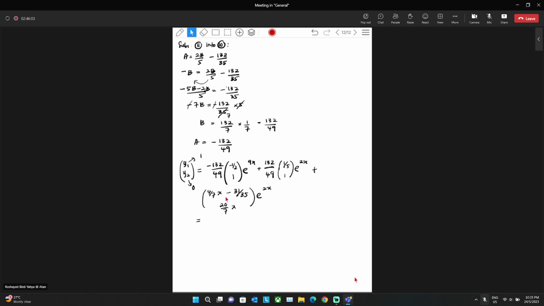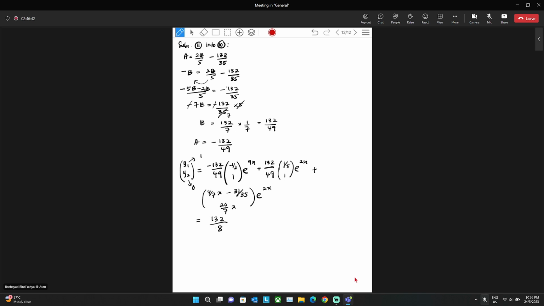Okay, you can see here, 132, its value is big. For exponential 9x, here 1 positive 132 over 49 times 2, 18, 98.